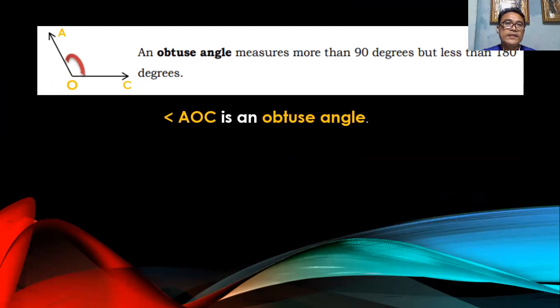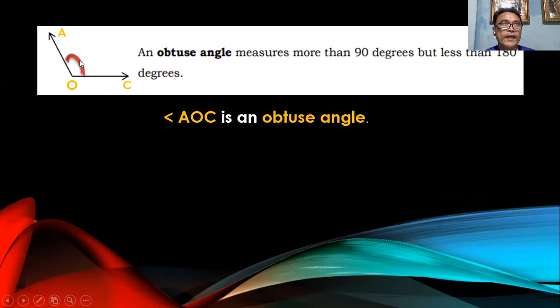Another angle is an obtuse angle. An obtuse angle measures more than 90 degrees but less than 180 degrees. Angle AOC is an obtuse angle. So it measures more than 90 degrees.